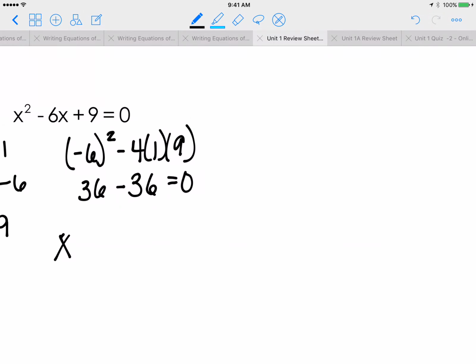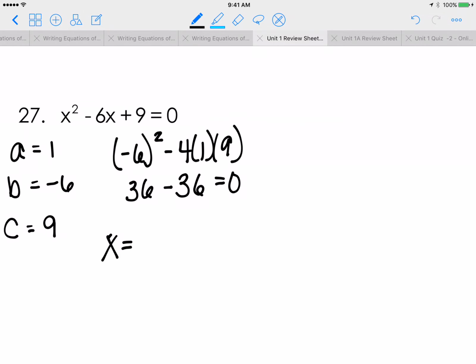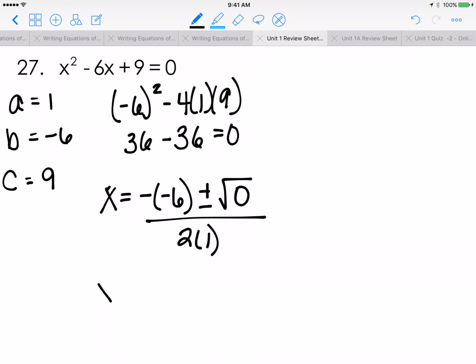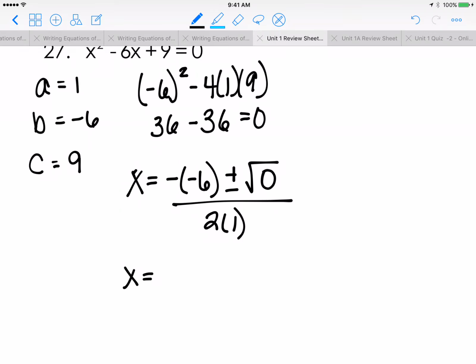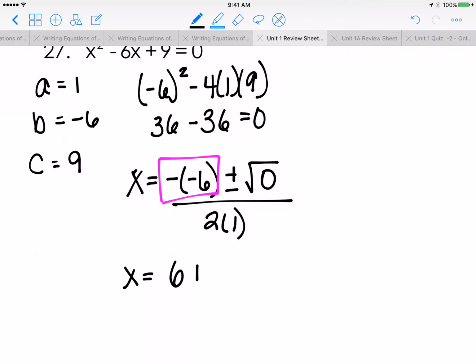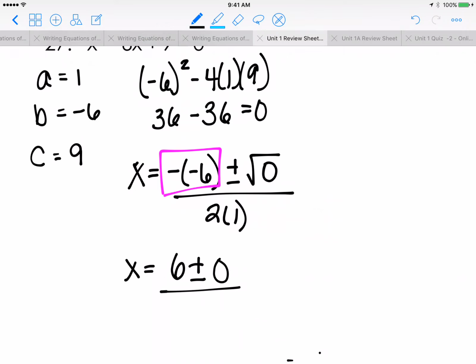So we get x is equal to the opposite of negative 6, so negative b, so negative times a negative 6, plus or minus the square root of 0 all over 2 times 1. So here we go. x is equal to, well, this right here gives us a positive 6. And then plus or minus, well, what's the square root of 0? 0, all over 2.